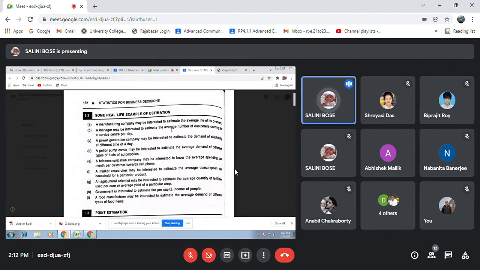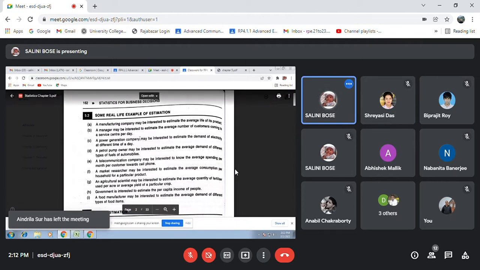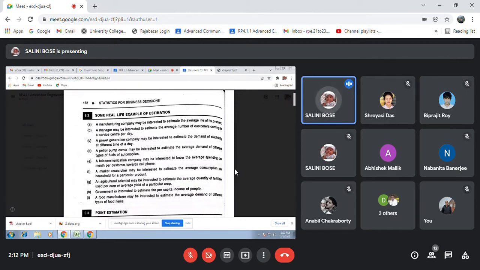Then a manager may be interested to estimate the average number of customers coming to a service center per day. The number of people visiting a service center is very large, so it cannot be predicted directly. To predict the average number of customers, you can take a sample from a particular time interval. Suppose from 10 to 2, how many people came?